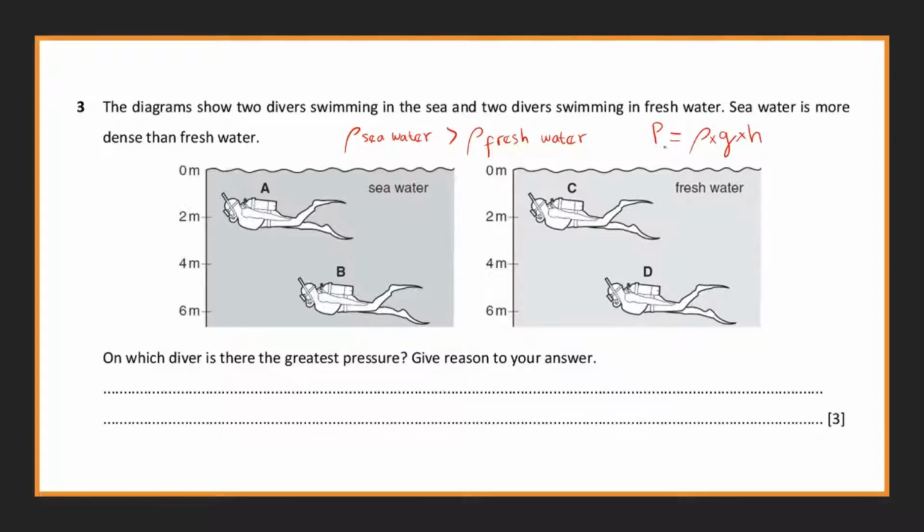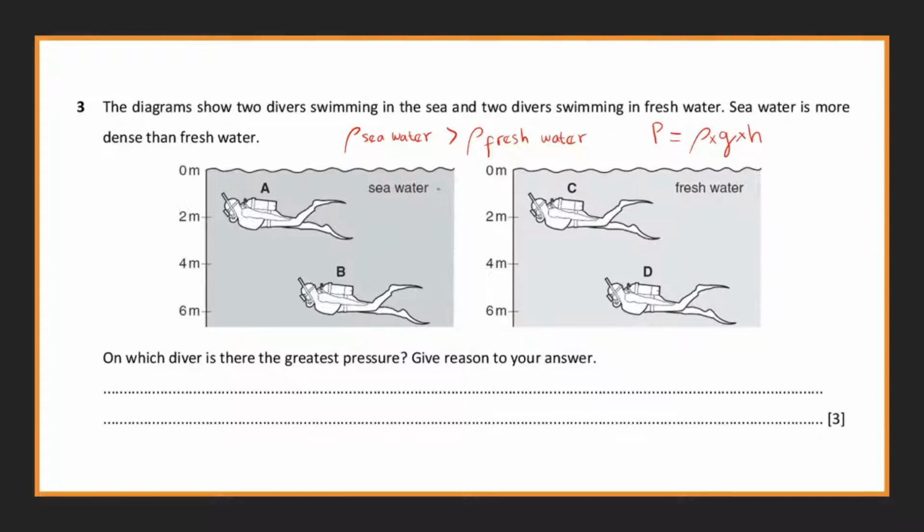So we know that pressure is proportional to the density and also the depth of the object. Therefore, we will choose seawater instead of fresh water to find which diver has the greatest pressure. Why? Because the density of fresh water is less than the density of seawater. Yeah?